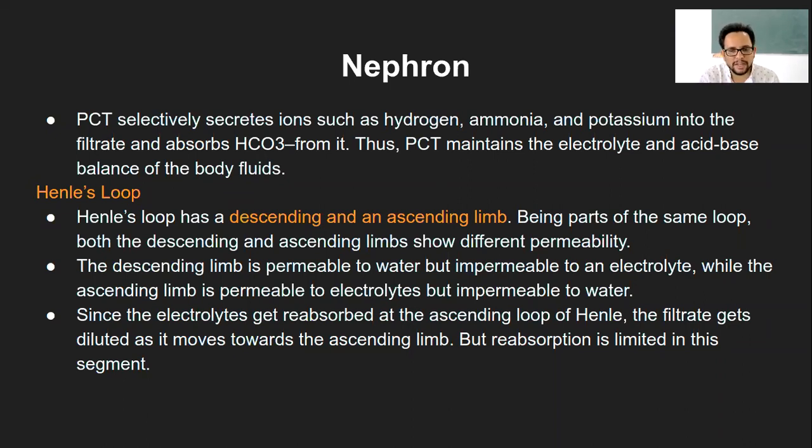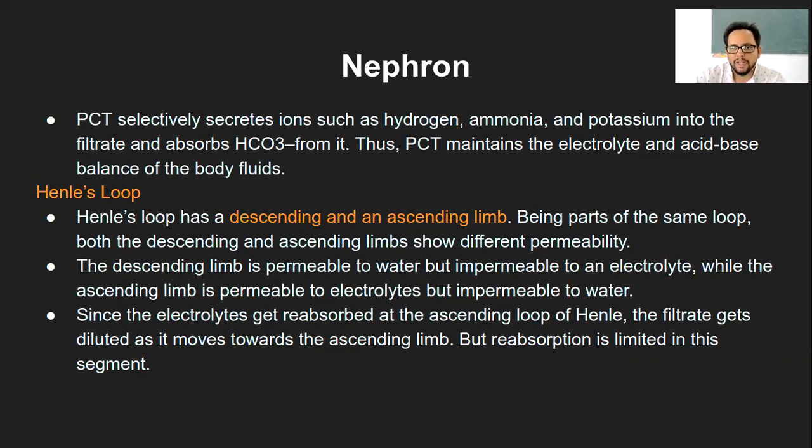As it moves further in the ascending limb, it takes out most of the electrolyte as well, so the solution becomes dilute. The reabsorption is very limited in this segment. In the Henle's loop, reabsorption itself is a very limited process, since maximum reabsorption has already happened in the PCT.